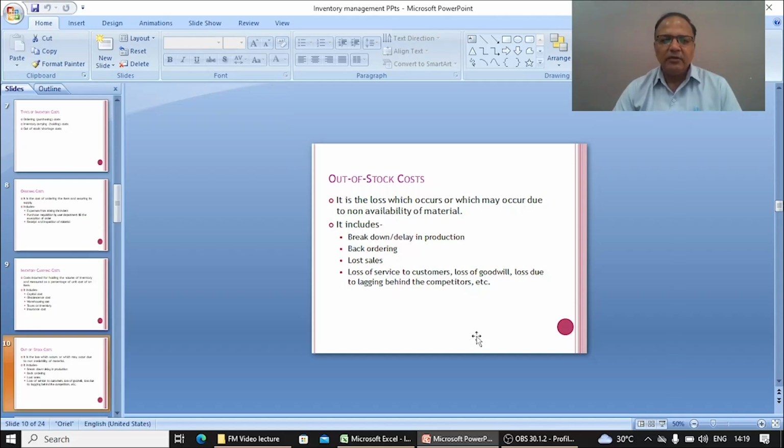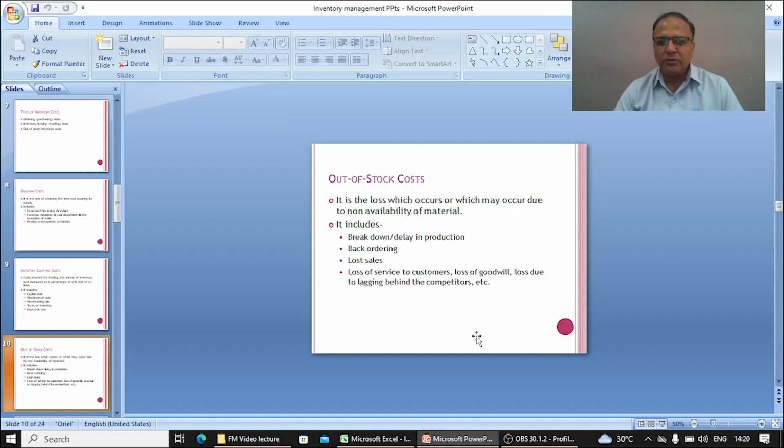It means sometimes when we don't have sufficient stock in our shop or in our factory, then a customer comes to our shop or factory, and if we don't have sufficient goods, then the customer will move to another organization, and in this case we will lose the customer.